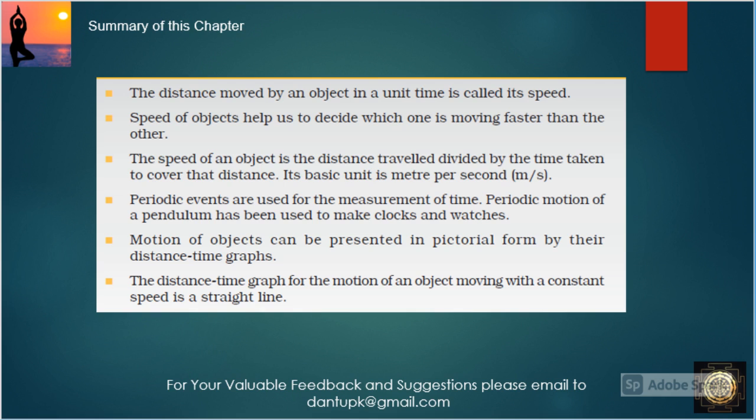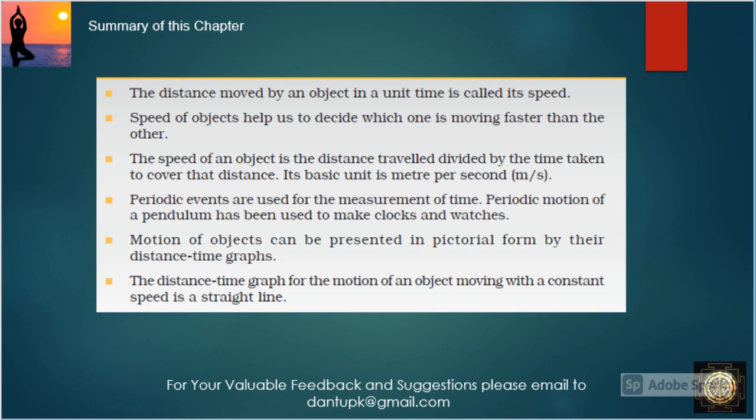Let us summarize what we have learnt from this chapter. The distance moved by an object in a unit time is called its speed. Speed of objects help us to decide which one is moving faster than the other. The speed of an object is the distance traveled divided by the time taken to cover that distance.